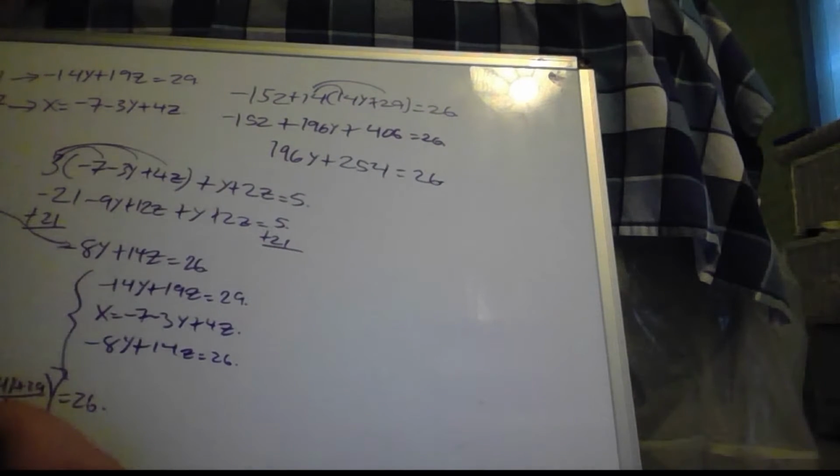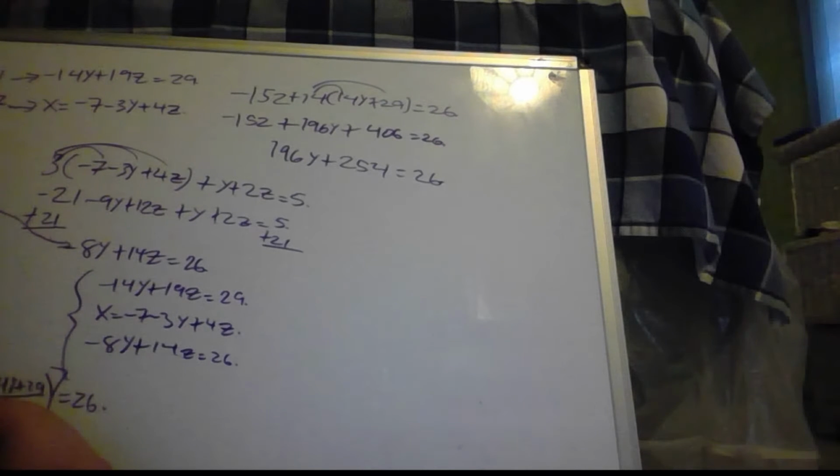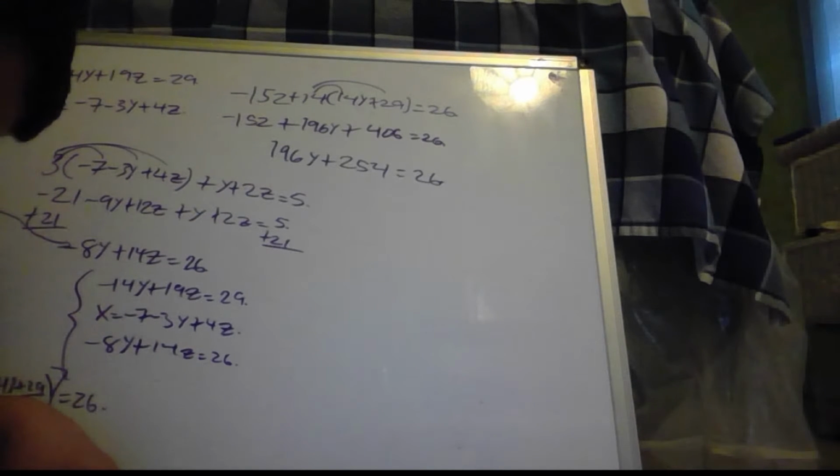Now subtract 254 on both sides. 26 minus 254 is negative 228. I really hope this is right, because sometimes I do struggle with these. I do apologize.